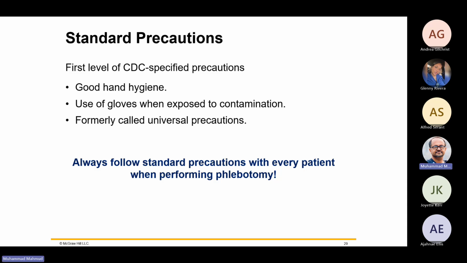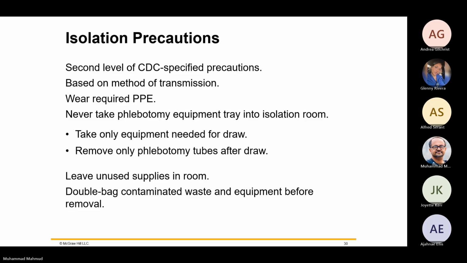Always follow standard precautions with every patient when performing phlebotomy. Isolation precautions are used with patients who have or are suspected to have a specific infection, and these may vary with the method of possible transmission.